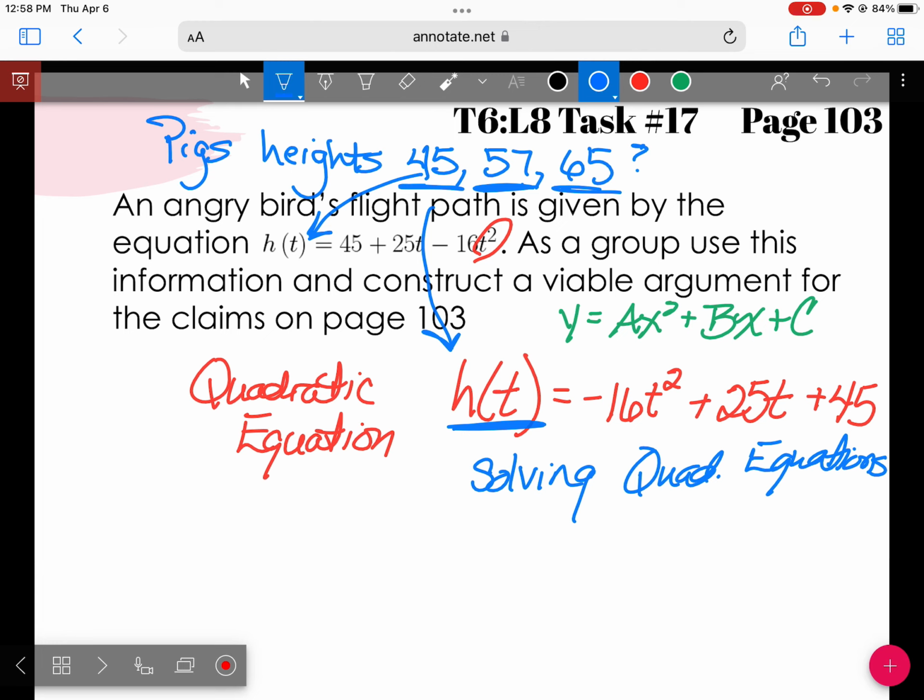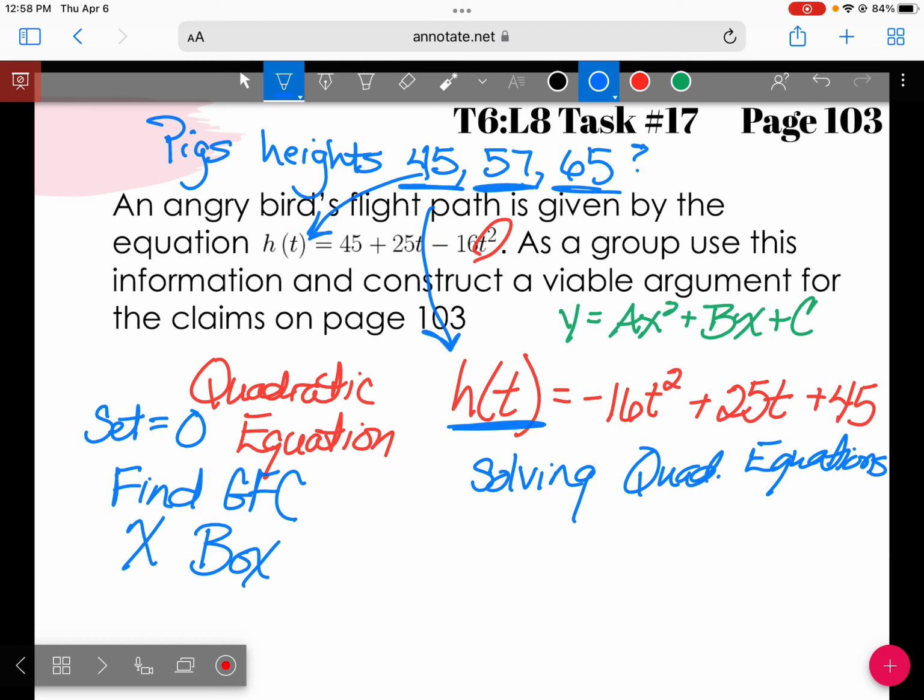That is not the very first thing, but yes, find your X box. Is that before or after X box? Before. Find a GCF if there is one. Set it equal to 0. Where does that fall? Before. That's even before. So we need to set it equal to 0. Okay. Find a greatest common factor.